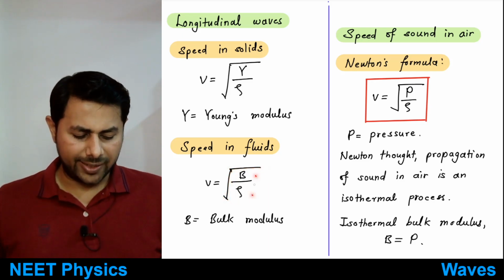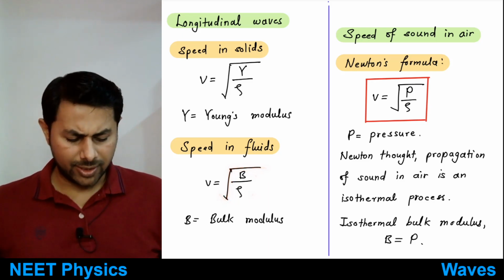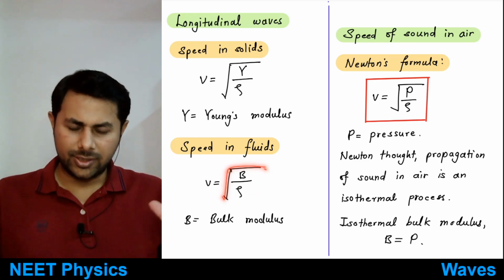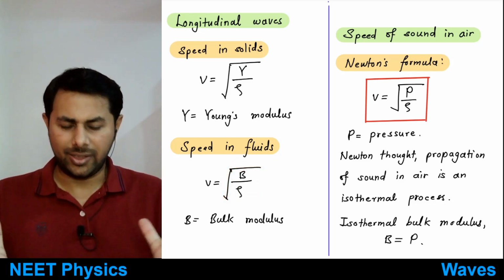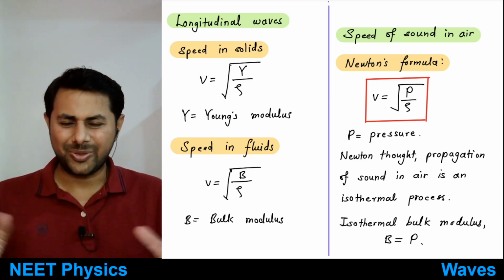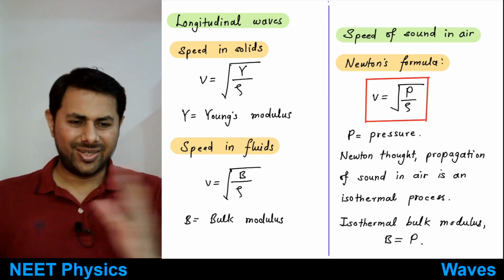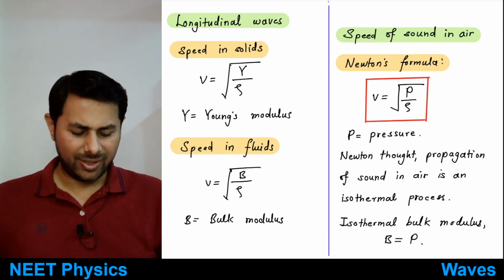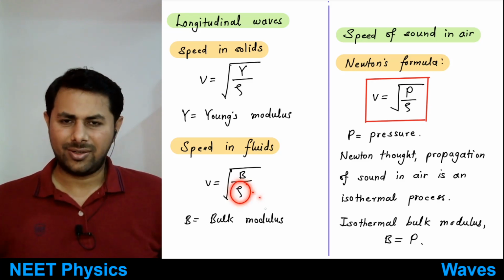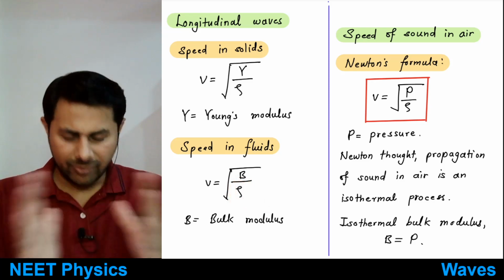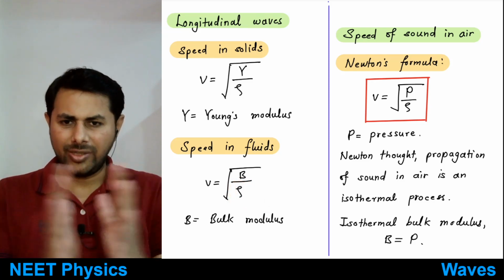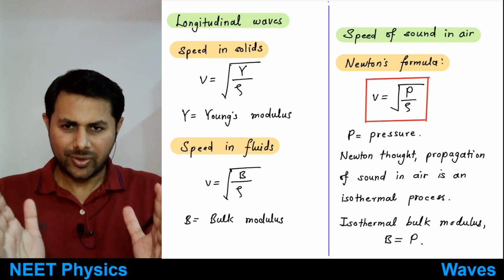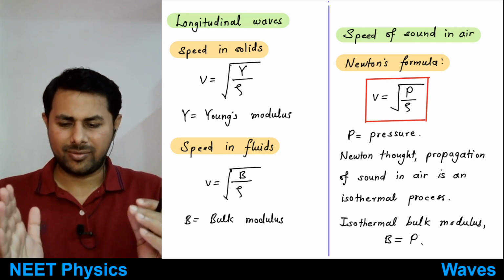The reason for that is that there is a large change in the density. The density of solids won't change when longitudinal waves travel through solids. But the density of a liquid or a gas will change, and it will change very fast, right?